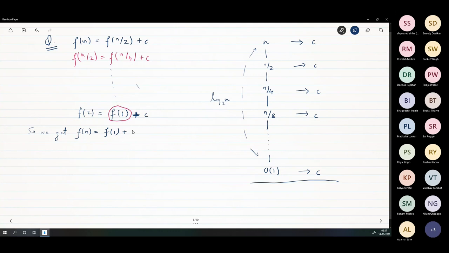You keep having c, c, c, and so on. How many times? This is exactly log to the base 2 n. So you have log to the base 2 n many c's. So this is equal to f of 1, which is 1, plus c log to the base 2 n. And that is equal to big O log n. That is the final value of f of n.